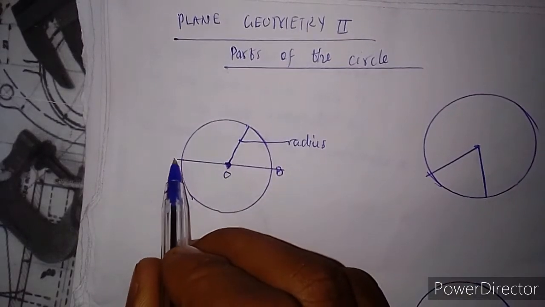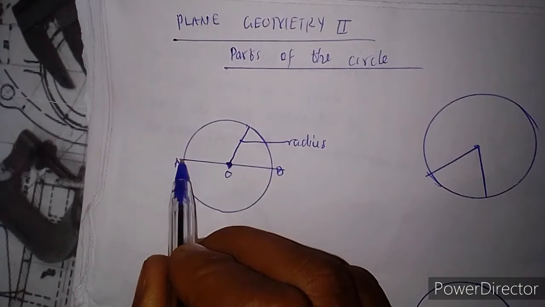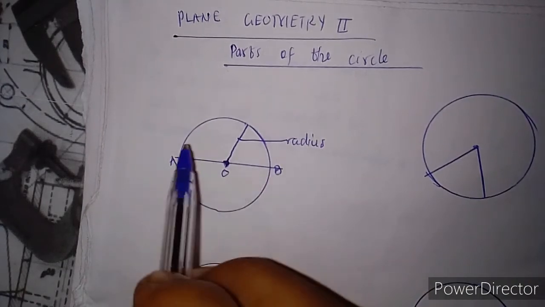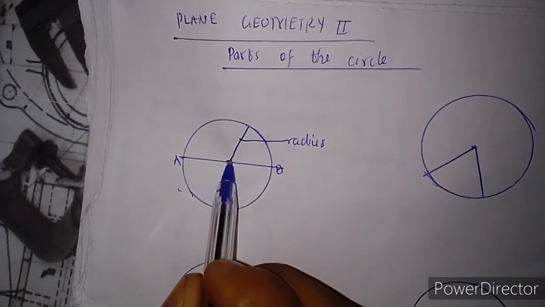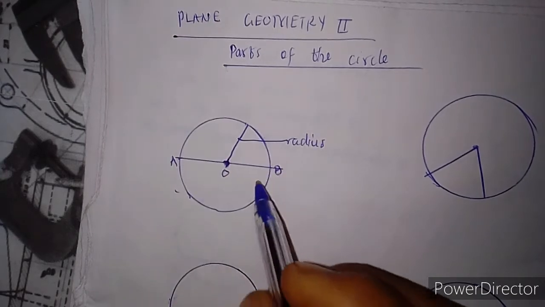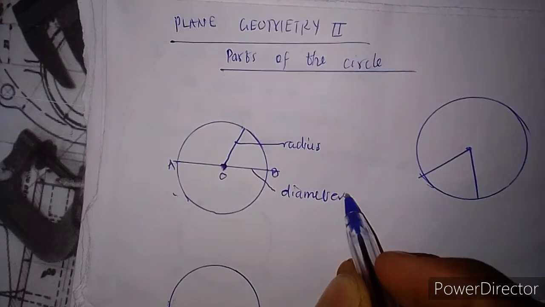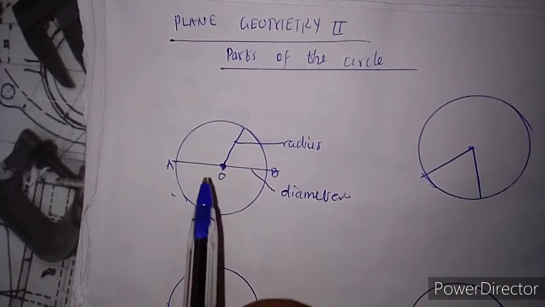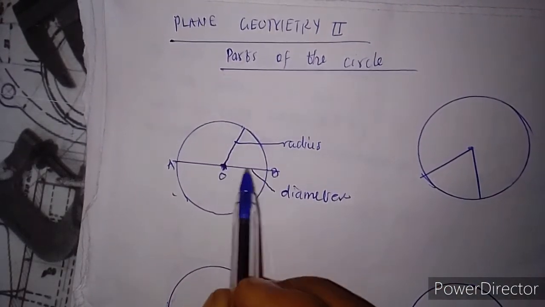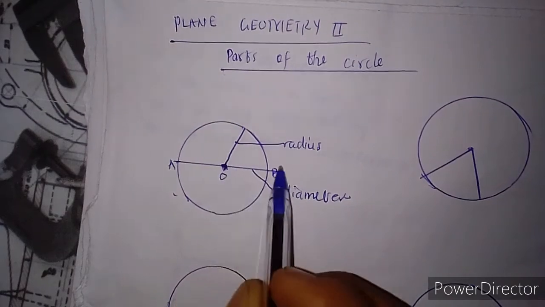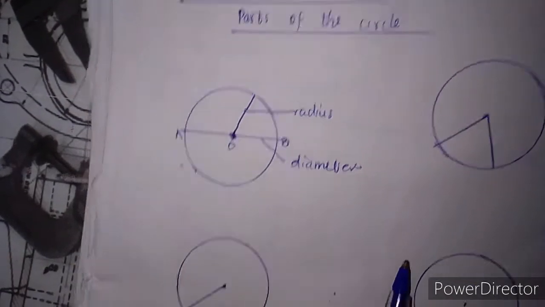This is a long line passing through the center of the circle. We call that one the diameter, right? And this diameter is 2 times the radius, because this is a radius and this is another radius. Okay, so let's move on.